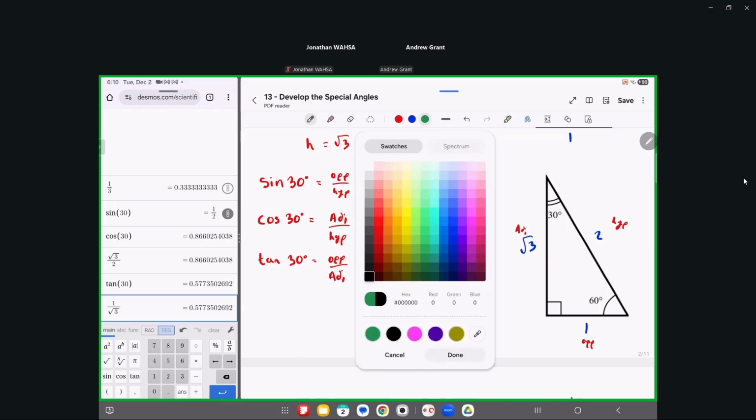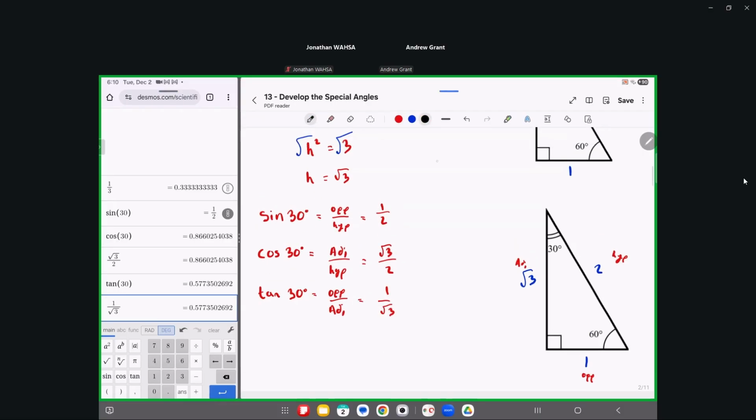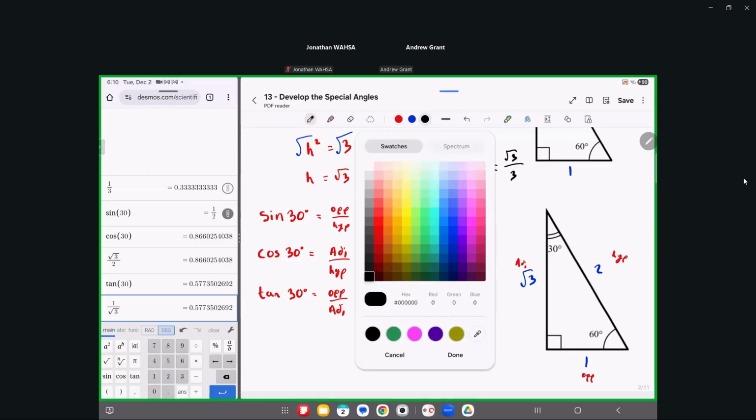As a note for us, sometimes you'll see this notation. We can rewrite the 1 over the square root of 3 as the same thing as the square root of 3 over 3. So why does this work?